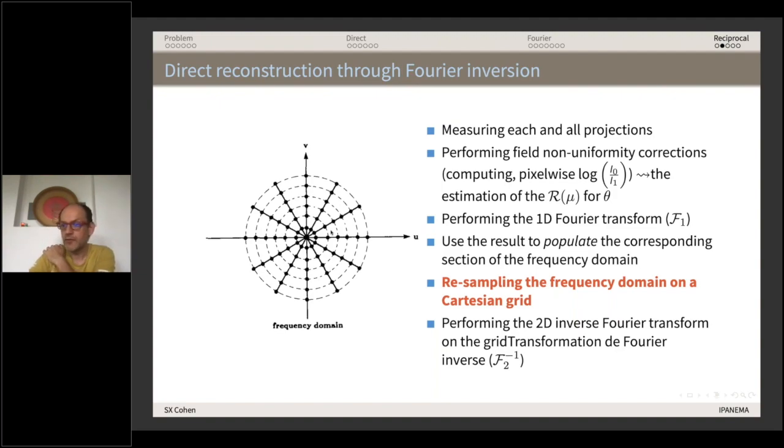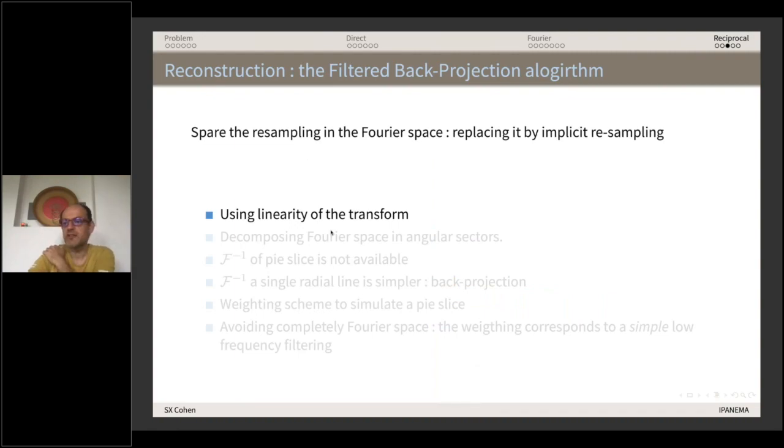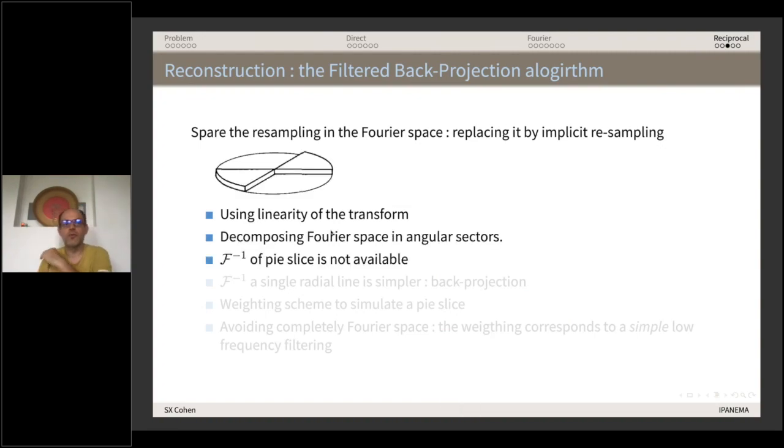There is another way of doing it, which is the one most often used, called the filtered back projection. We're going to do it without doing the resampling, and we replace the resampling by something else. We consider that the Fourier transform is linear.